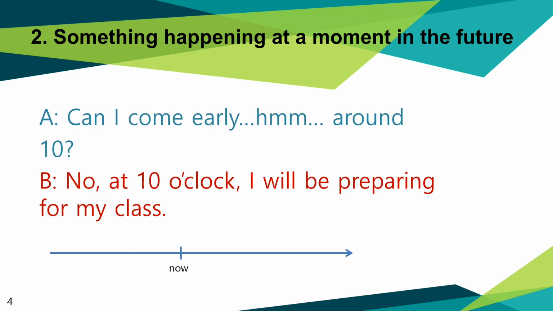If this is the line showing time and this point is now, this is 9 a.m., this is 2 p.m., and from 9 a.m. to 2 p.m., this is a duration of time.